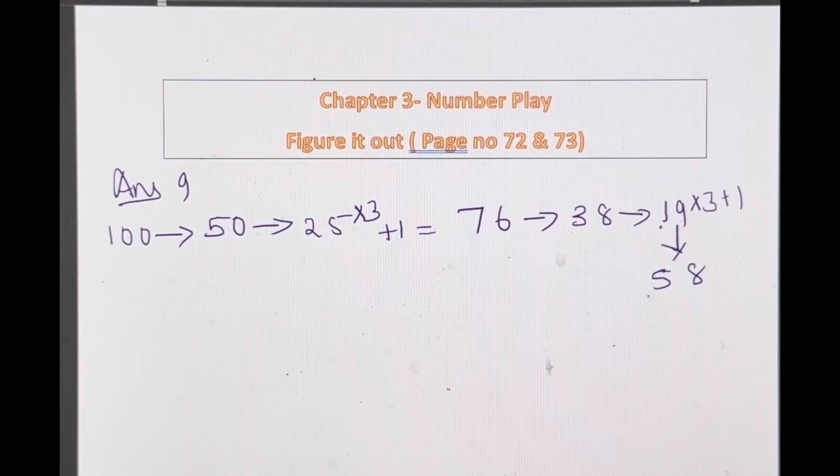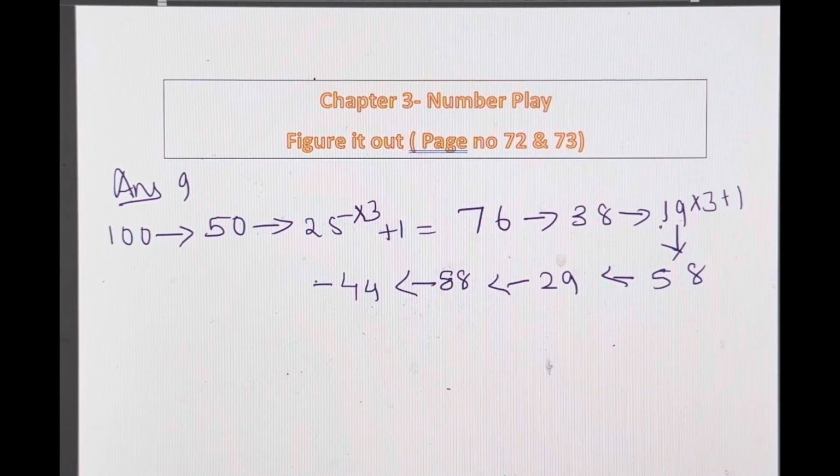Which is again even. So half it, you get 29. 29 is odd. So triple it plus 1. So 29 threes are 87. 87 plus 1 is 88. 88 is even. Half it, so you get 44. 44 is also even.